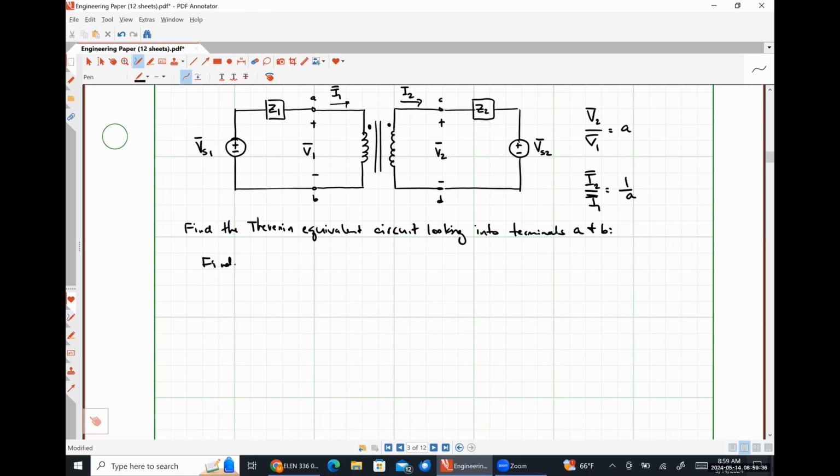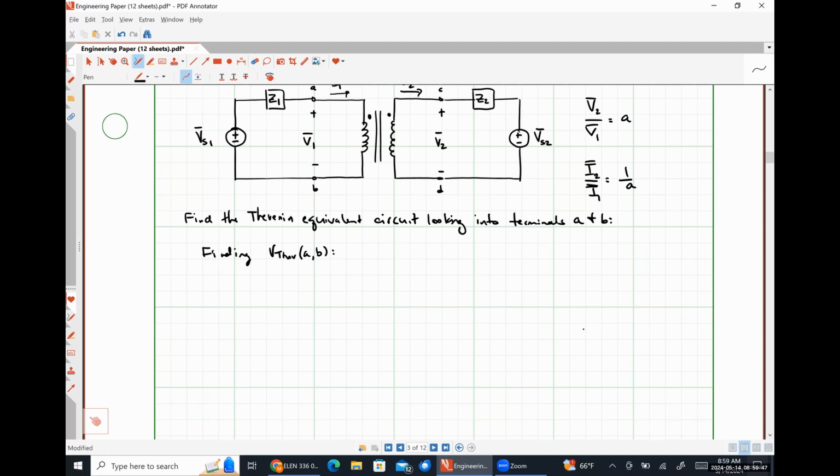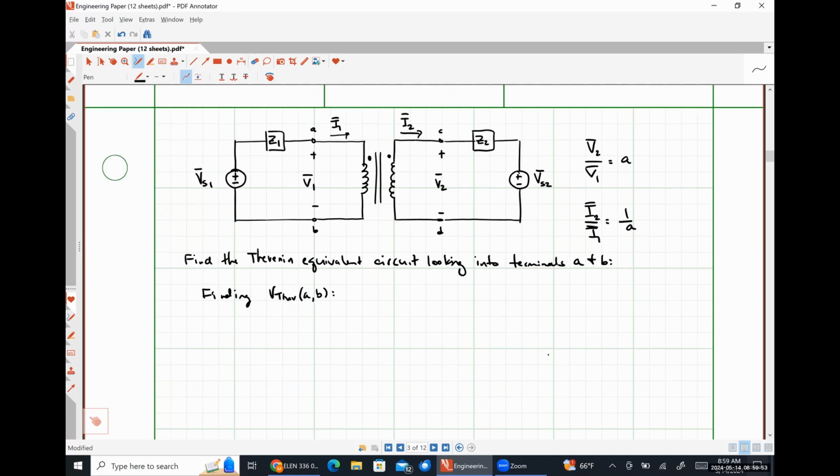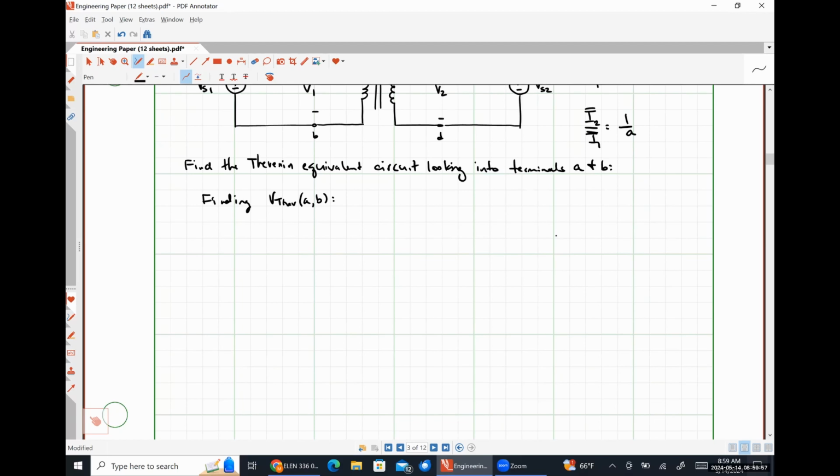So let's start by finding VThev seen looking into A and B. I'm going to disconnect that voltage source VS1 and that impedance Z1, and I'm going to be looking into those terminals. So our network of interest is effectively just this.